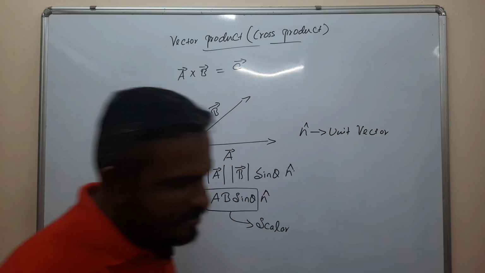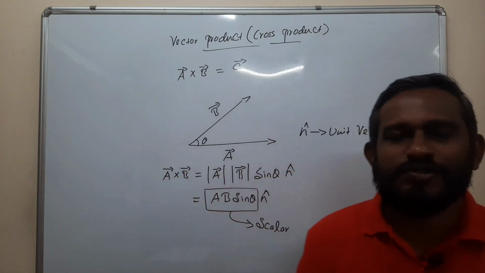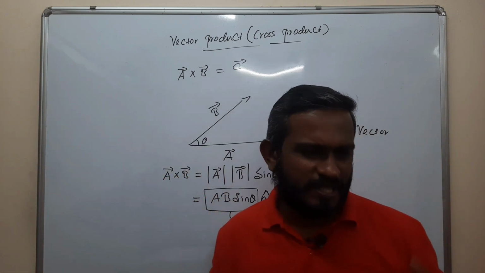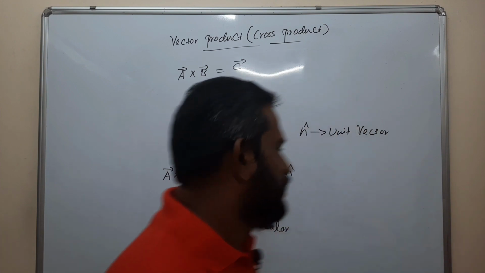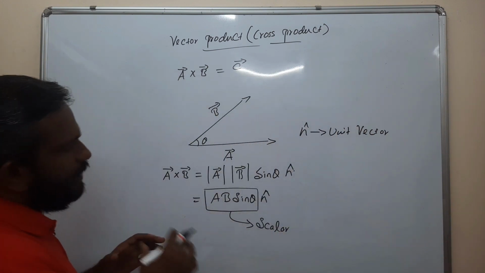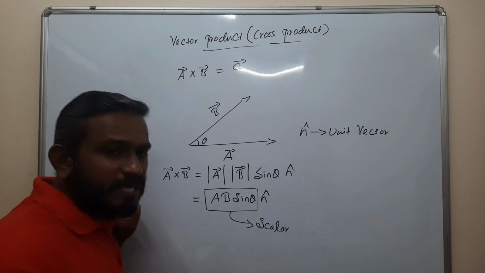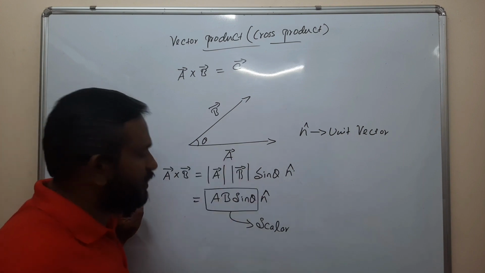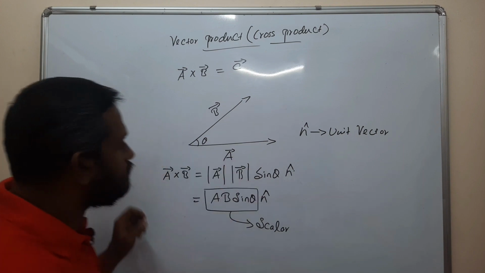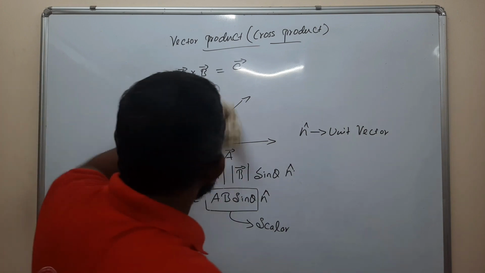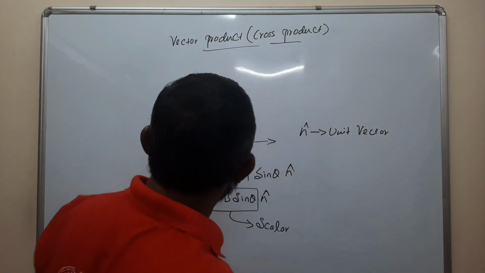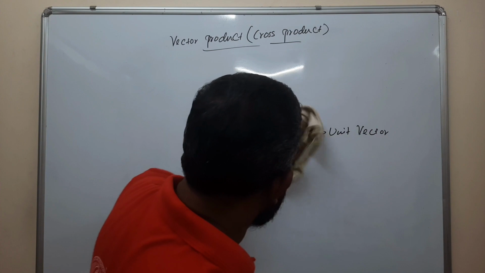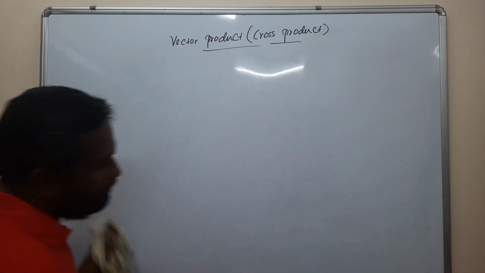The next question is, what is the direction of this unit vector n cap? It is perpendicular to the plane containing A vector and B vector. Suppose this is a plane, and this plane contains A vector and B vector.